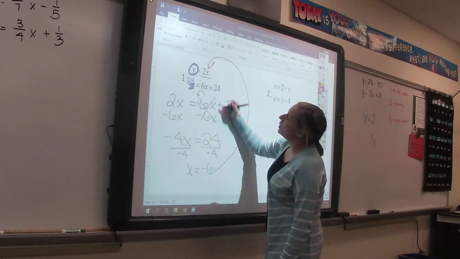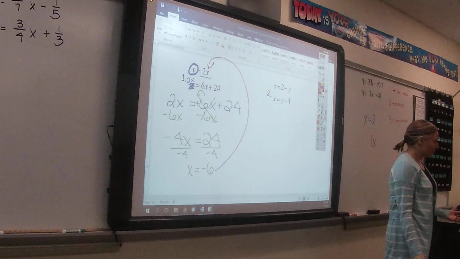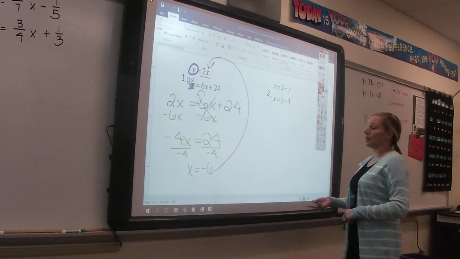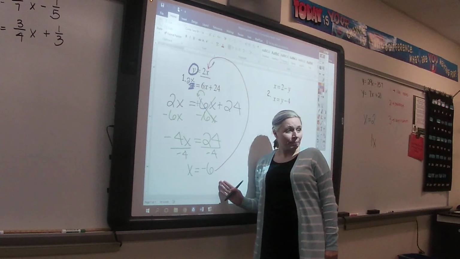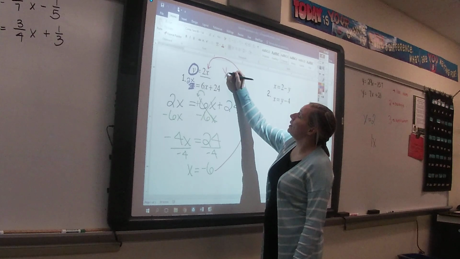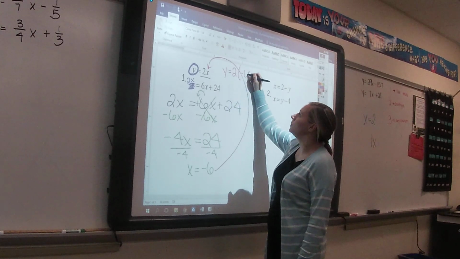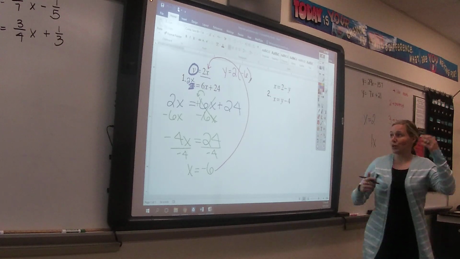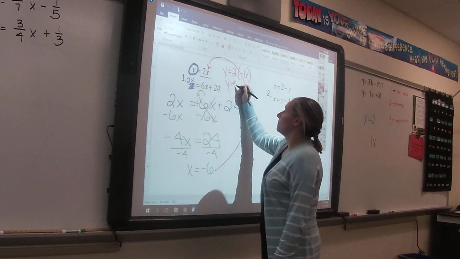Just like we did with functions, if I had a function rule that said y equals 2x, and I wanted to plug in x equals negative 6, I would say y equals 2 times negative 6. So negative 12.